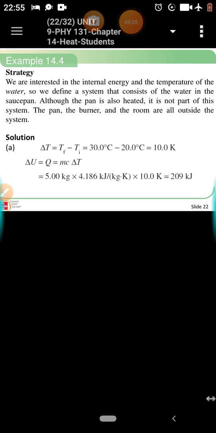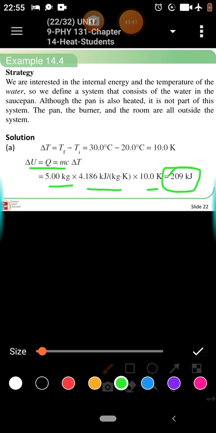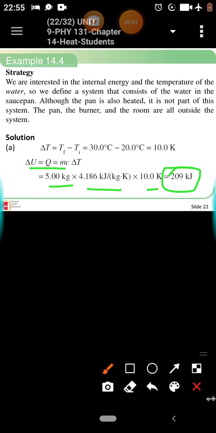So this will be equal to this. You are given the mass and the heat capacity, and we've calculated the change in temperature. So now we have our internal energy.